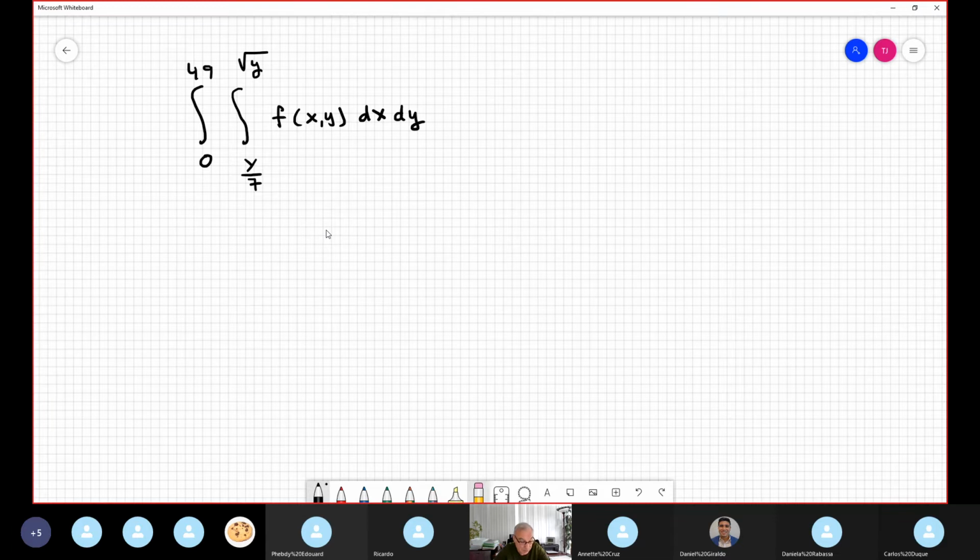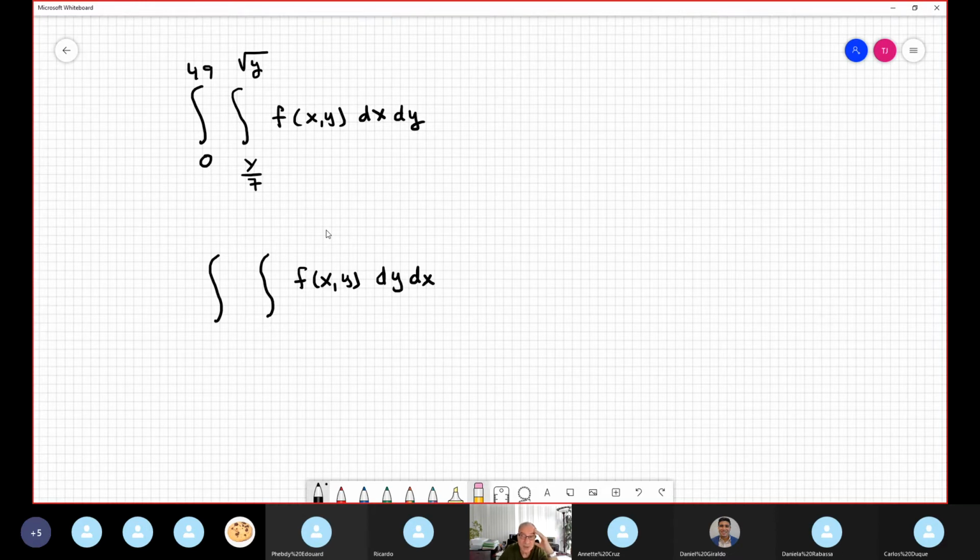Then the question says, set up the new integral that is equivalent to this, but you change the order of the integration. In other words, guys, copy exactly the same, but you change the order, dy dx. And the goal is to find the limits. Got it?